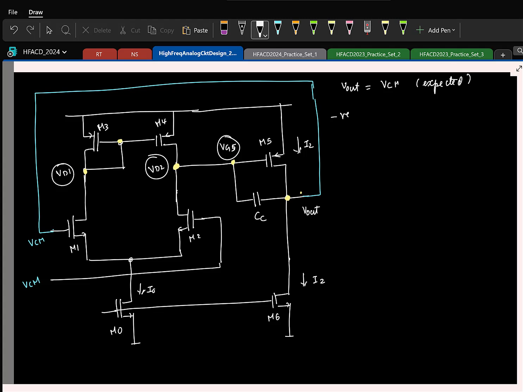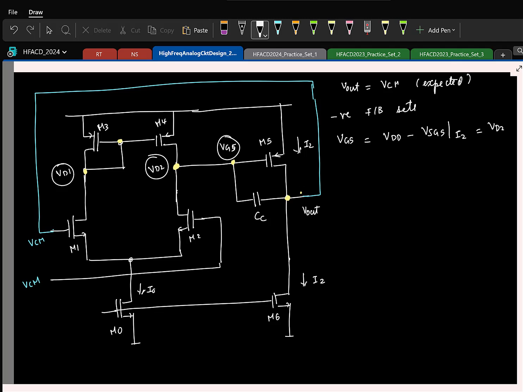So basically I'll say the negative feedback sets VG5 to be at an appropriate voltage so that M5 carries the same current as M6, which is I2. Is that okay? So VG5 will be set to VDD minus the required VSG5 at the current I2. Right? And as you see, that is what is connected to VD2 also.